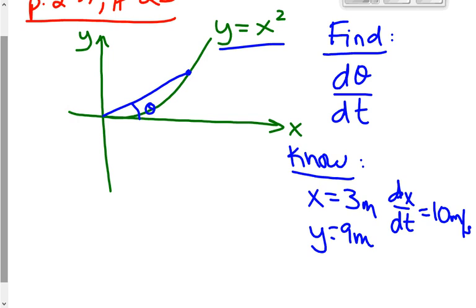So my next step in solving problems like this is usually to find the equation that relates the thing that I'm looking for and the thing that I know so that I can take its derivative. So how are theta and x going to be related here?